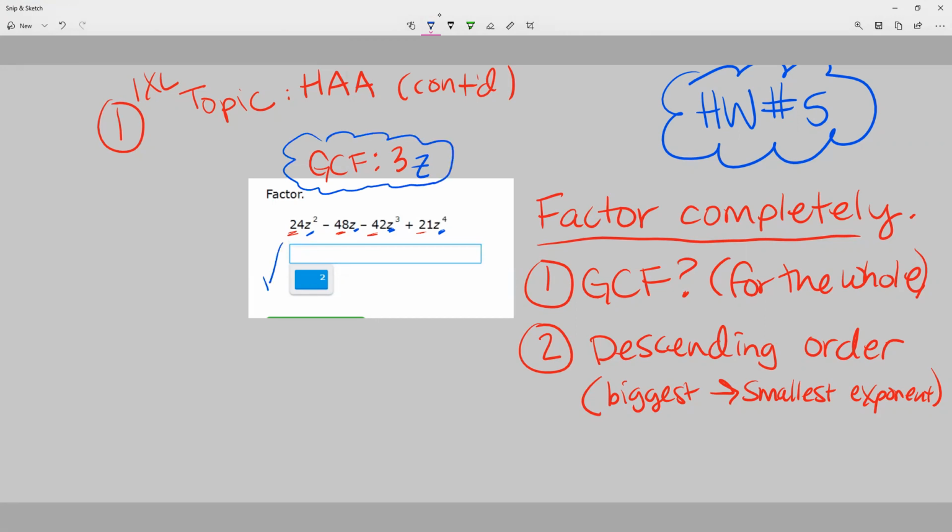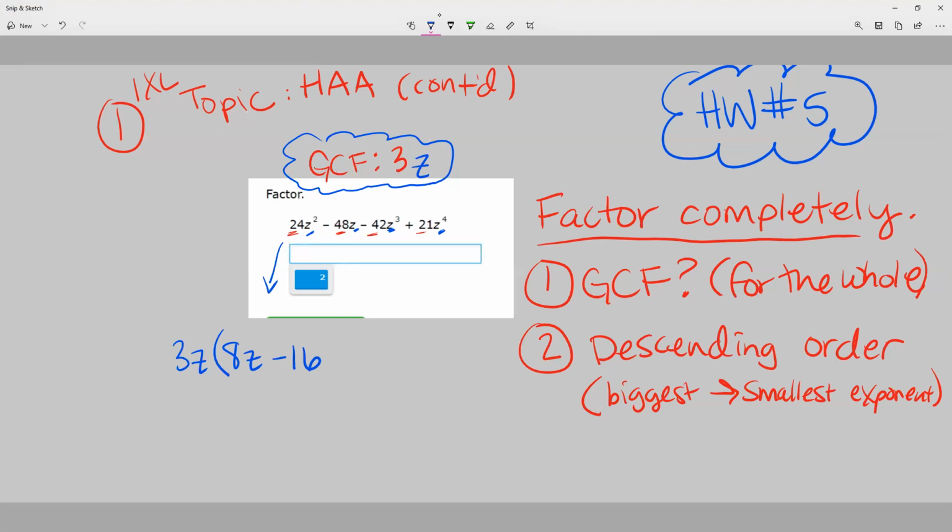So when I come over here to do this problem, the first thing I'm going to do is divide out a 3z. If I divide this by 3z, I end up with 8z left over. If I divide this by 3, I end up with a negative 16, right? But I took the z away, so now there's no z here with it.